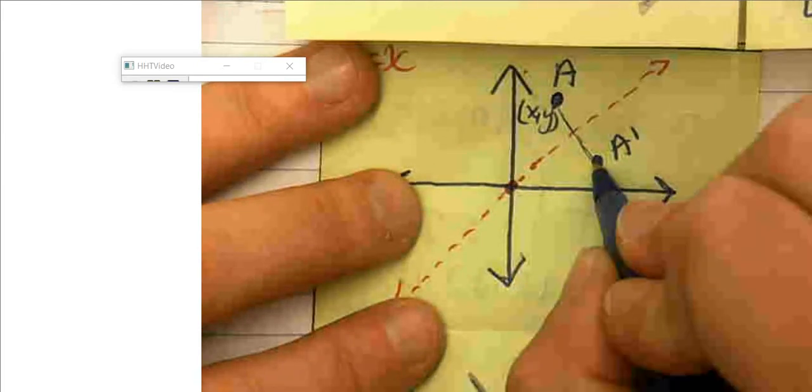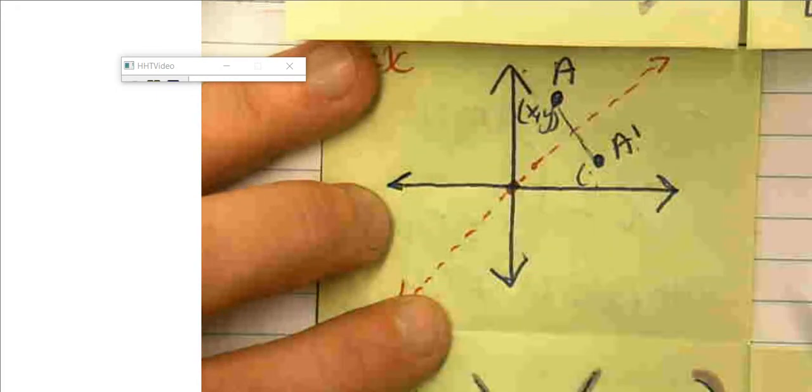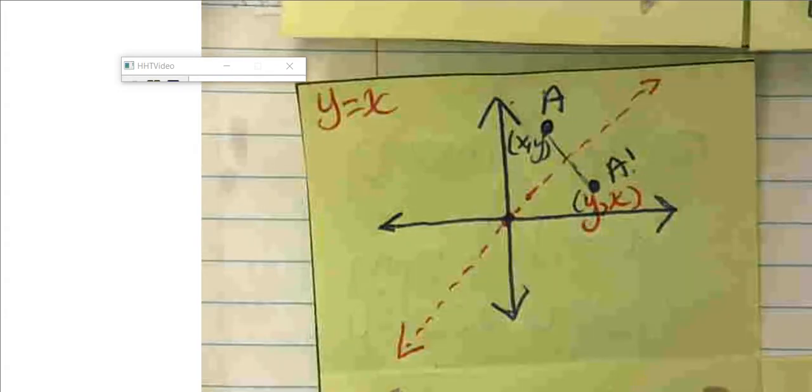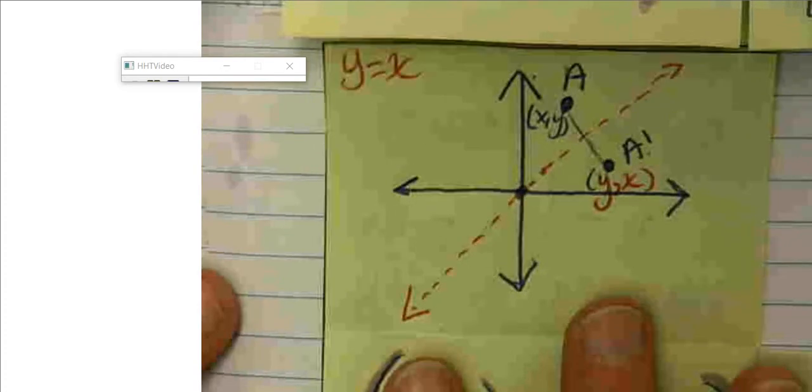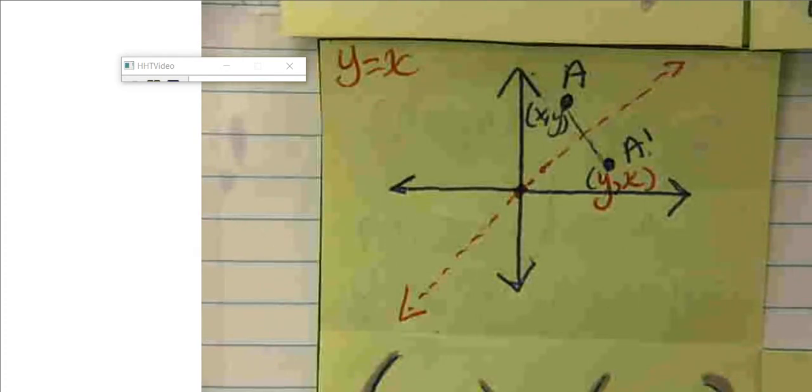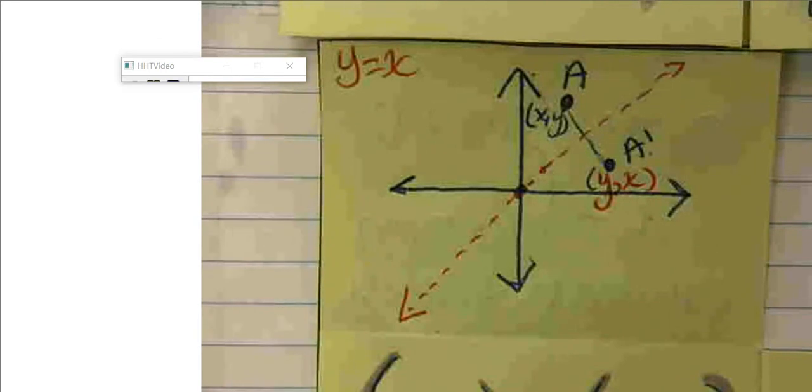If I were to go over 4 and up 2, I would land at the reflection point. So this reflection is going to be where I flip-flop x and y, and this becomes y comma x. We flip-flop or switch the order of x and y, and that's how we come up with our points of reflection.